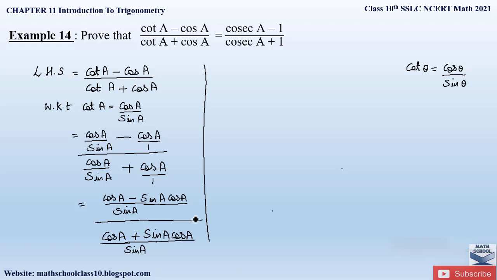Let us remove this division sign and change into multiplication. When we change the division to multiplication, the denominator will get reciprocated. Let us write down here.